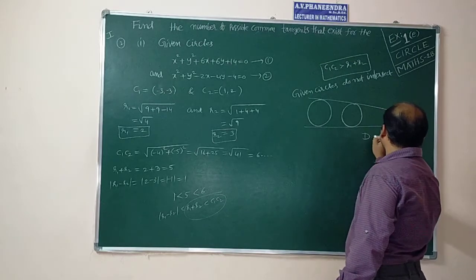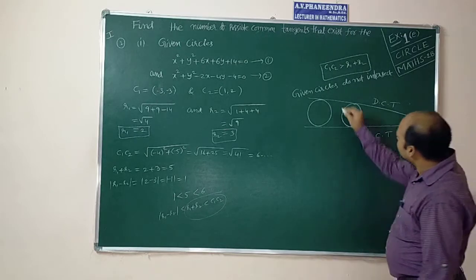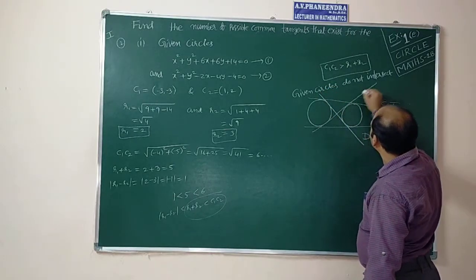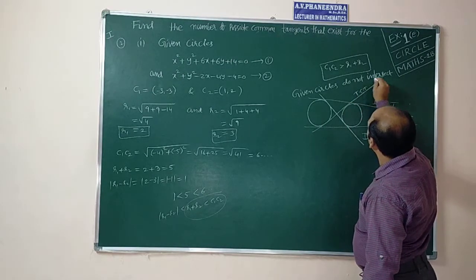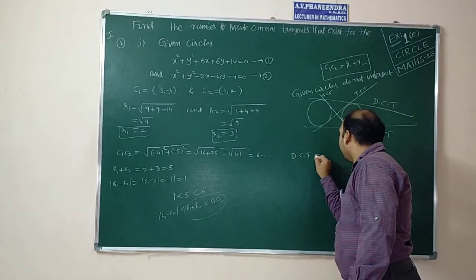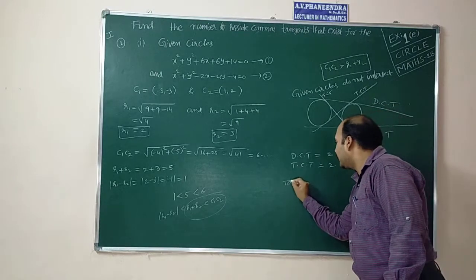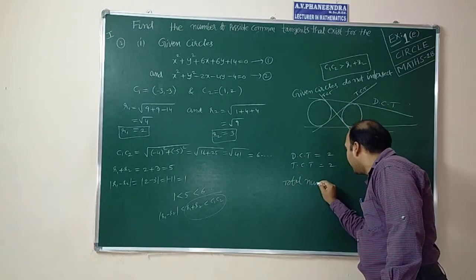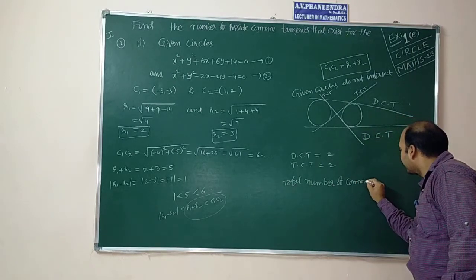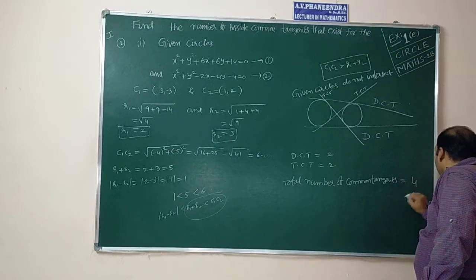These are the direct common tangents, DCT. These two are transverse common tangents, TCT. So total number DCT 2, TCT 2. So the total number of common tangents is equal to 4.